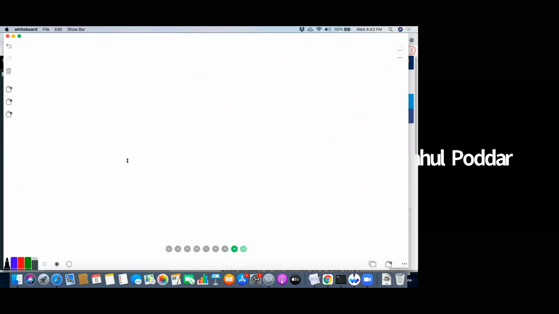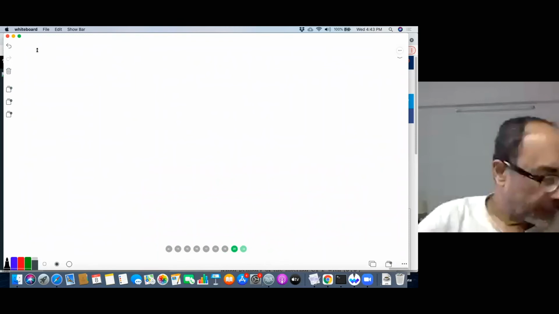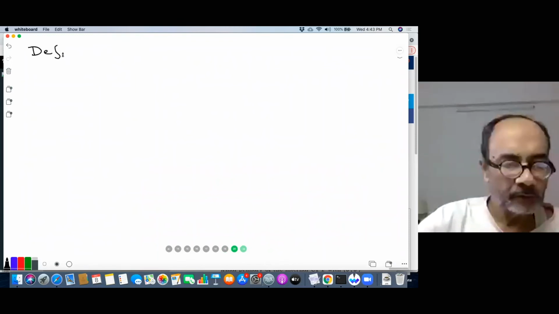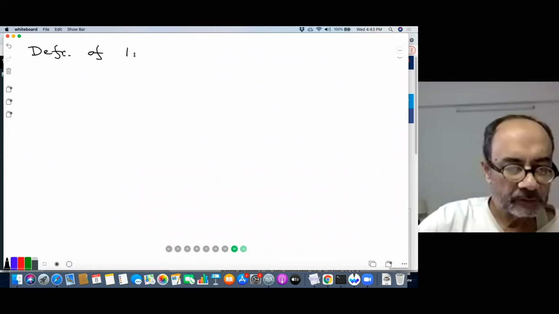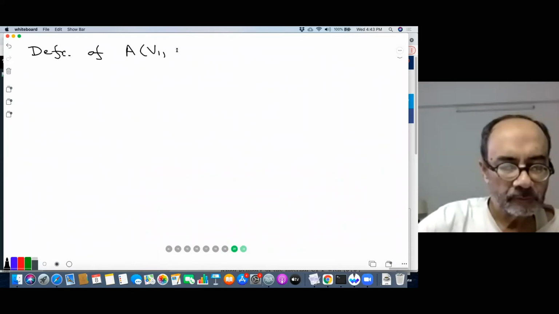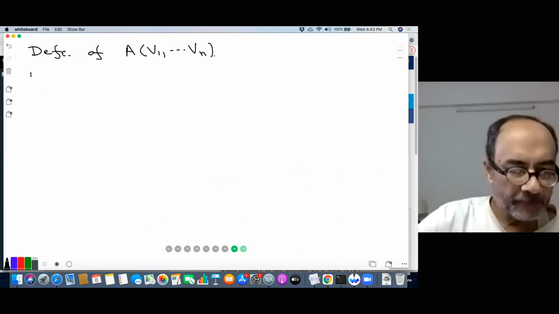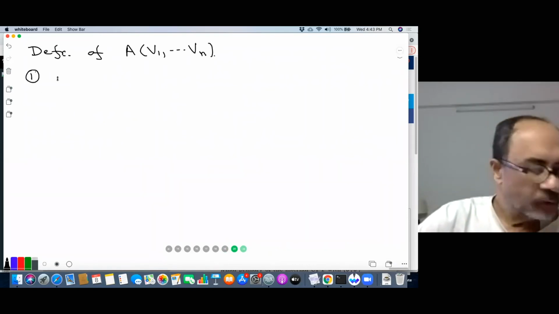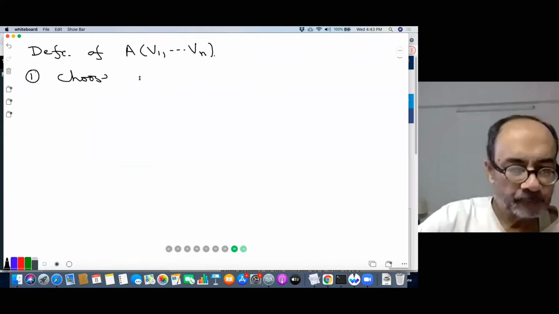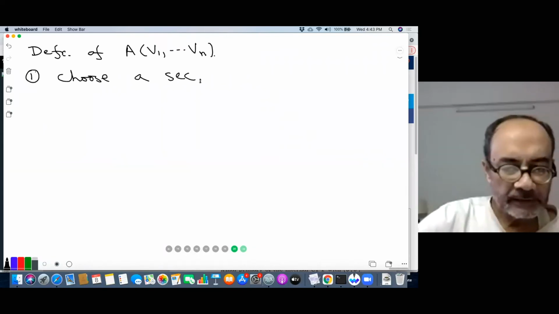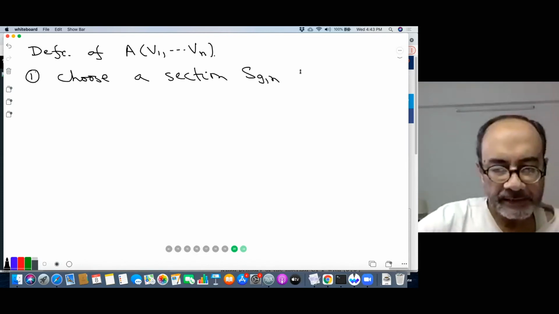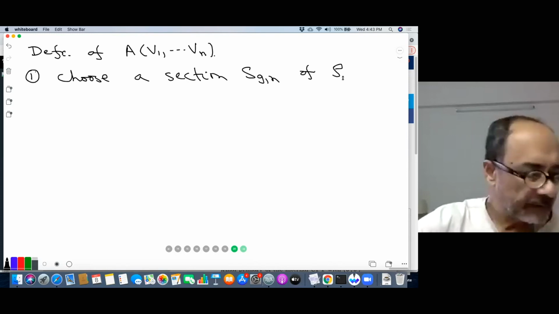Okay, so now we are ready to define the amplitude, the off-shell amplitude. So the definition of the off-shell amplitude. Step one is to choose a section S g n of P g n.